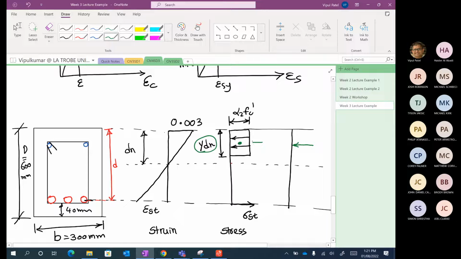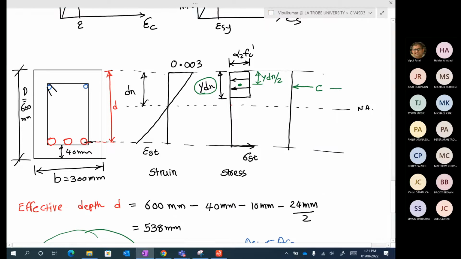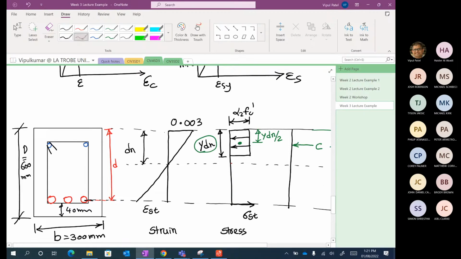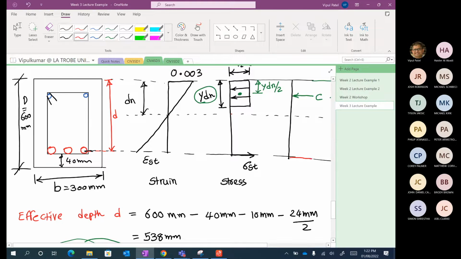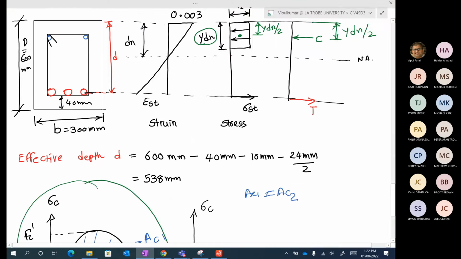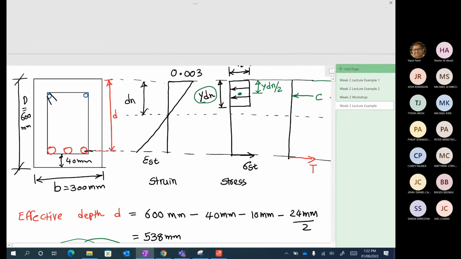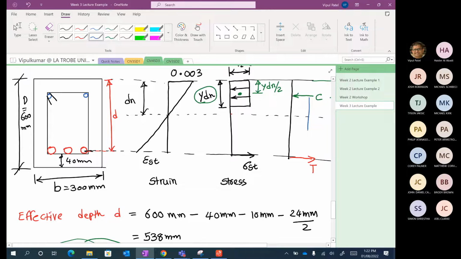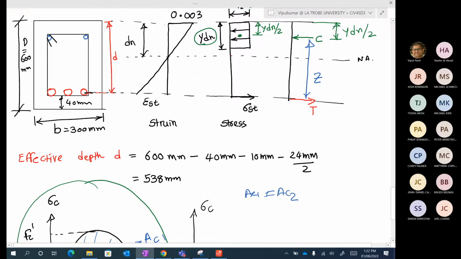The overall height is gamma dn, so the center of the height would be gamma dn divided by 2. So this is, let's say, the concrete force C going in this direction, and the location of that force from the top would be gamma dn divided by 2. You with me, right? And the tension force in the steel will go opposite, and that would be T. The distance between these two would be z, which is the lever arm.